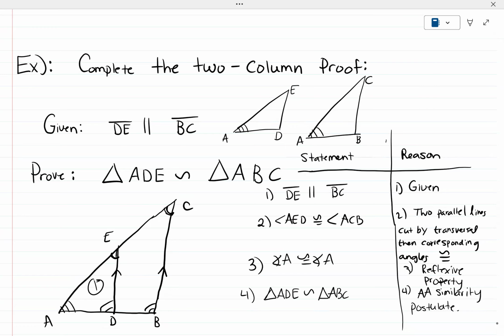Okay, that wraps it up for this section, the AA similarity postulate. I'm going to stop here.